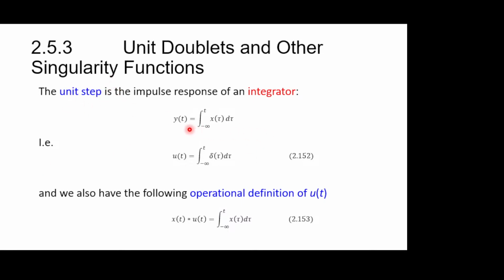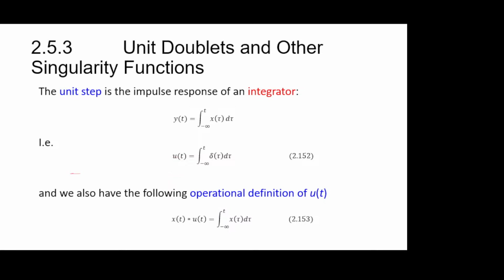So if you have an LTI system where y of t is the integration of x of t, we already see that the corresponding impulse response will be the unit step function. Let's draw the unit step function once again. This is not singular because the unit step function is well defined everywhere.